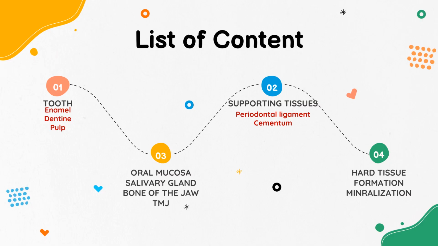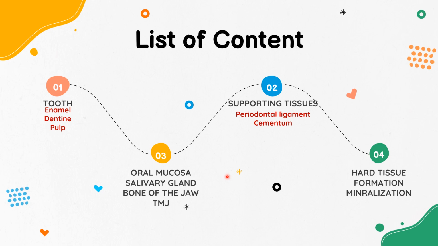In structures of oral tissue, we will be studying the tooth and its parts, that is enamel, dentine, and pulp. Then the second part of this lecture will be supporting tissues of the tooth, which involves periodontal ligament and cementum.